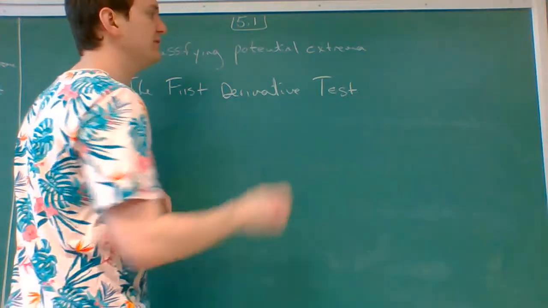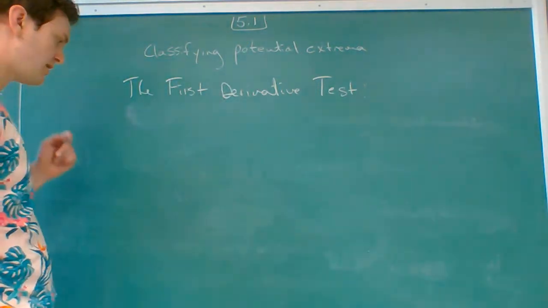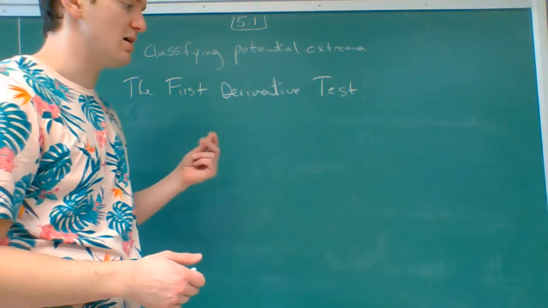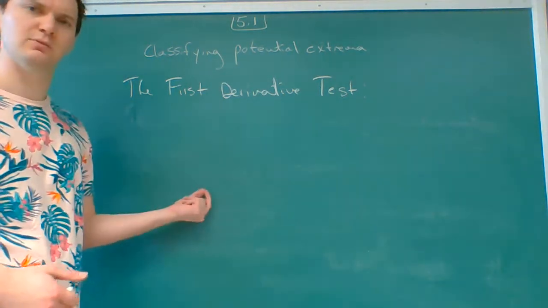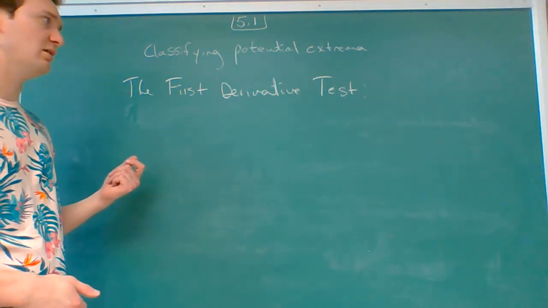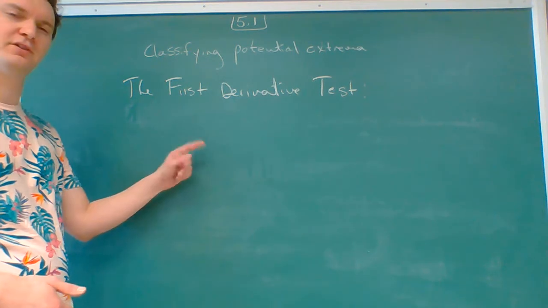It's pretty intuitive. Basically, it's a test for whether a point is a maximum or a minimum, and it tells you that by looking at the sign of the derivative on either side of the point.